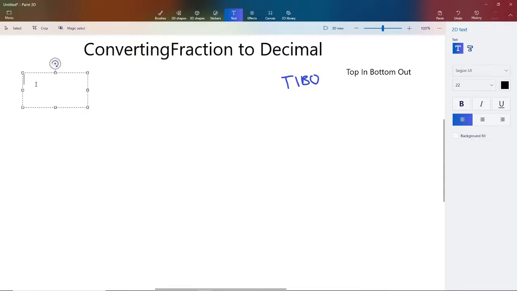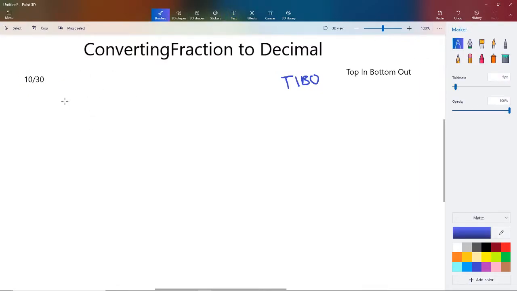The next fraction we're going to practice with is 10 over 30. Cool. So we know we want to change a fraction to a decimal, so we're going to use TIBO. So we have 10 over 30. One thing we should always try to do before we use TIBO, though, is to see if we can simplify the fraction we're working with. It'll make our life easier. So can 10 and 30 be divided by any number?